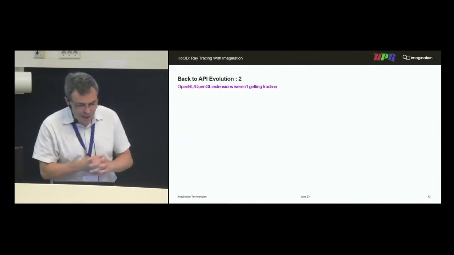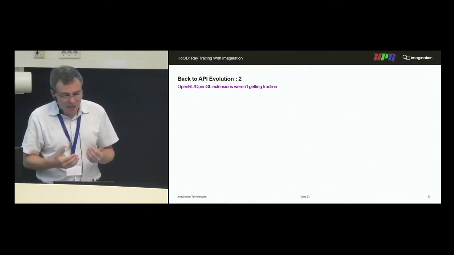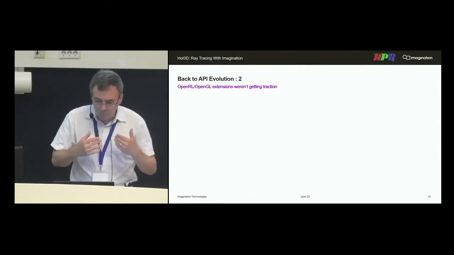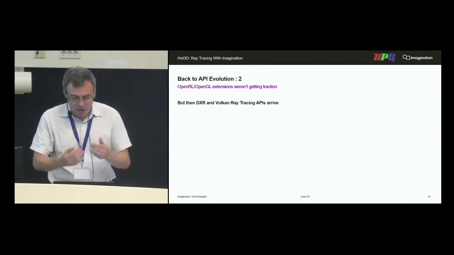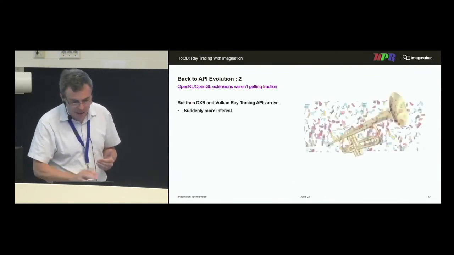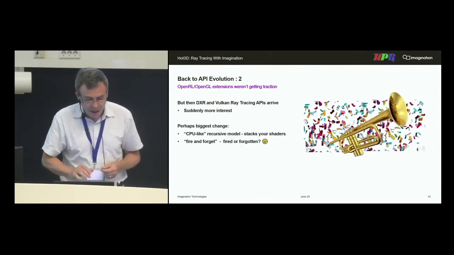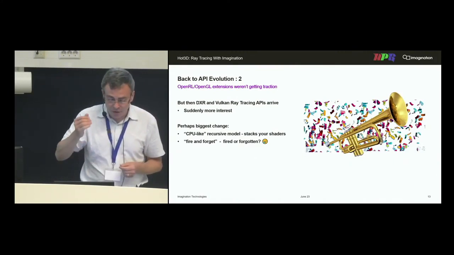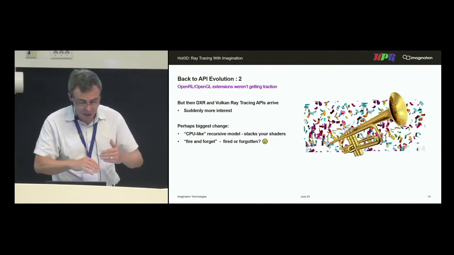So back to API evolution. The OpenRL and OpenGL extensions weren't getting any traction. Basically, Imagination simply aren't loud enough. But when Microsoft and then Khronos stepped in, there was suddenly a lot more interest in ray tracing. Perhaps the biggest change is that it's a very CPU-like recursive model. You stack your shaders.